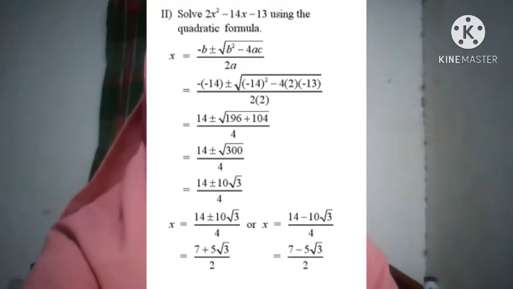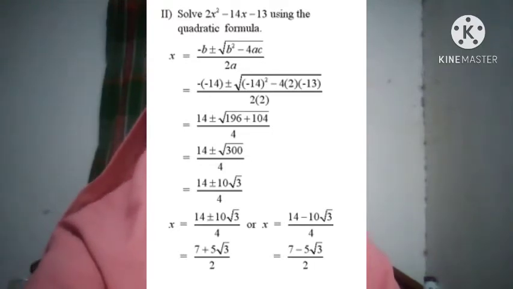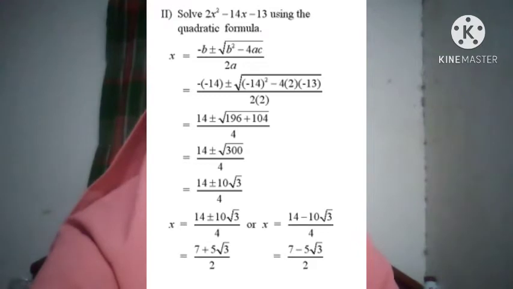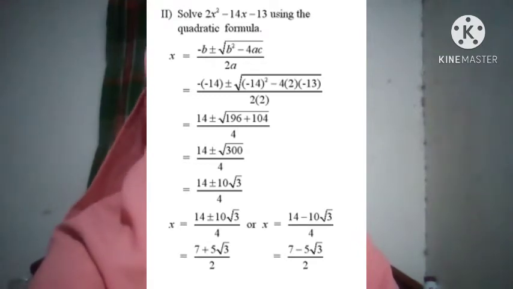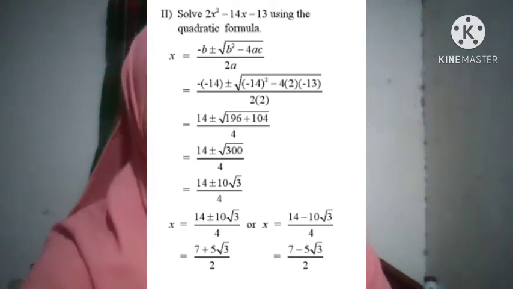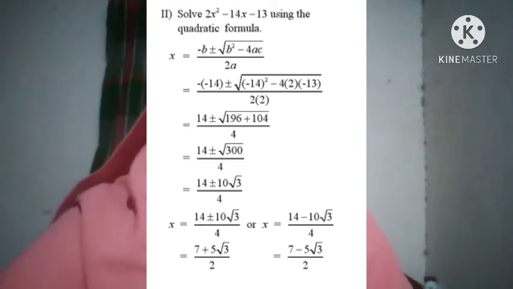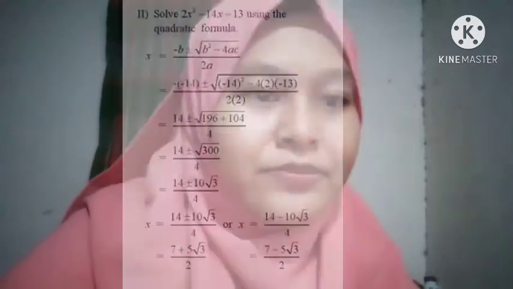From the equation, we have the value of a equals 2, the value of b equals negative 14, and the value of c is negative 13. And then we can solve with the quadratic formula. From the pattern, we just need to substitute the a, b, and c values. After that, calculate, and then we will have the solution like in the picture.